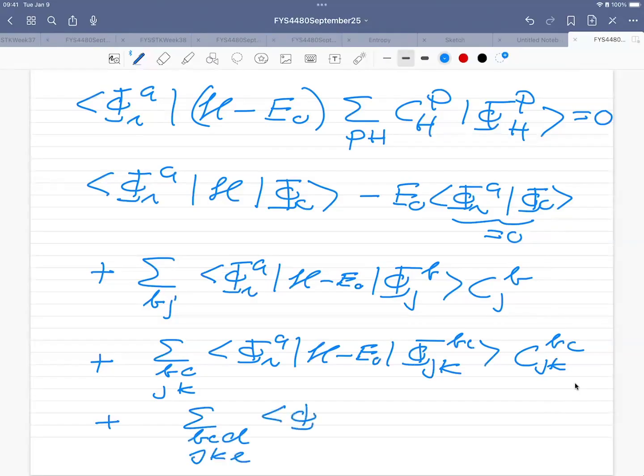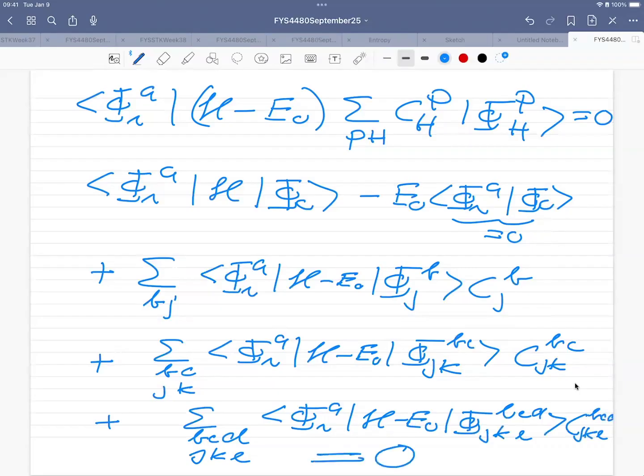So this starts looking ugly now. C, D. And then we have the coefficients J, K, L, B, C, D. And this obviously has to be equal to 0.